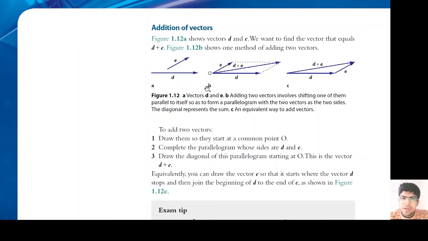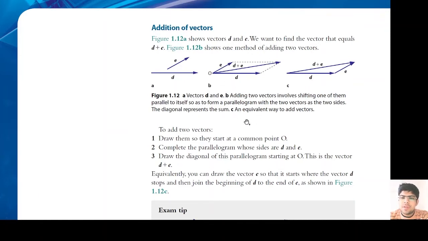Adding two vectors involves shifting one of them parallel to itself so as to form a parallelogram. We see this is a parallelogram, with equal opposite sides. With the two vectors as two sides, the diagonal represents the sum.